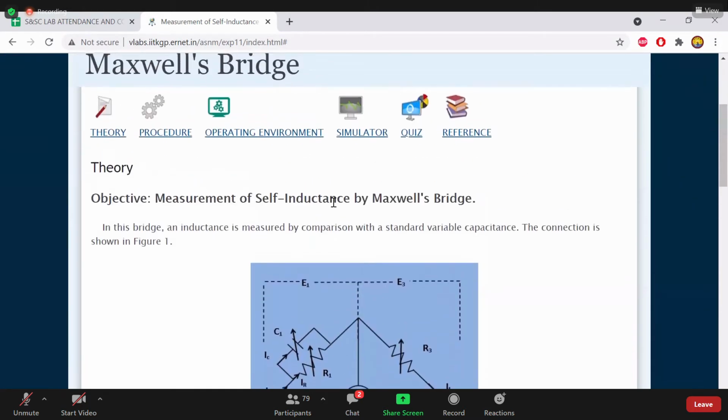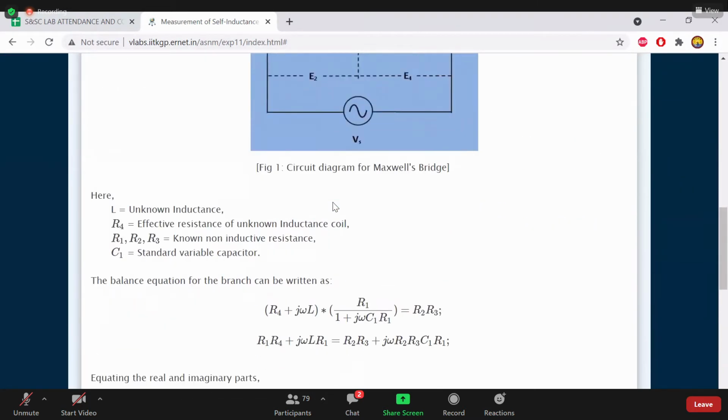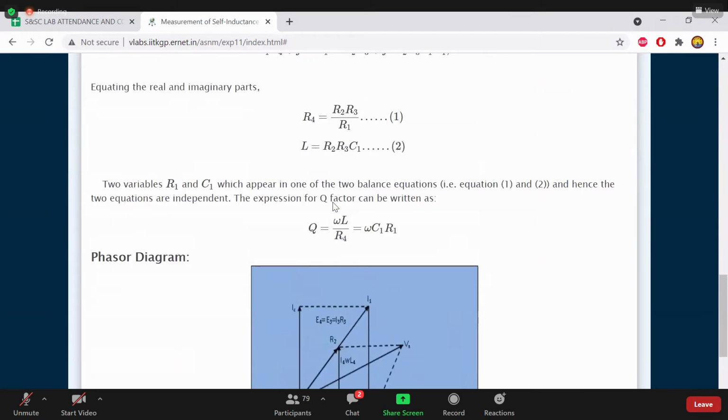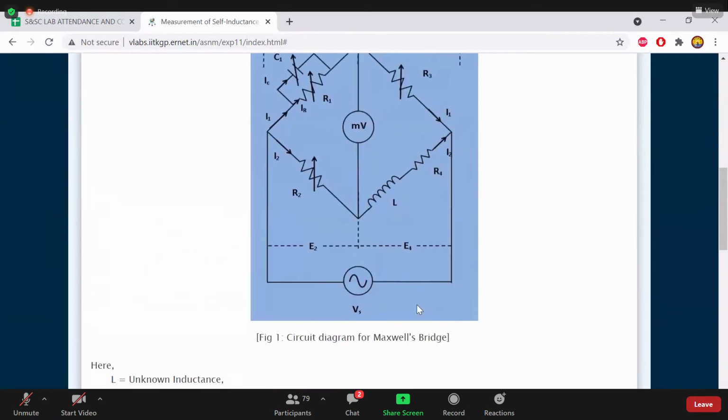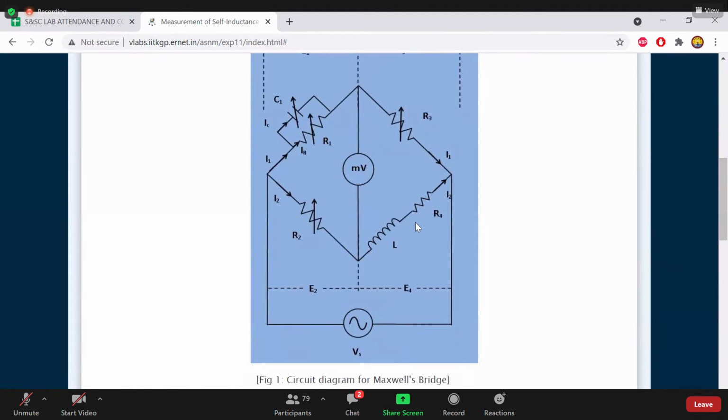So this is the theory of Maxwell's bridge. Maxwell's bridge is exclusively designed to measure the unknown inductance, and we are using 4 resistors, 1 capacitor, 1 voltmeter, and an AC supply in this bridge. When the bridge is in balanced condition, we won't get any reading on the voltmeter. So what is the meaning of balanced condition?